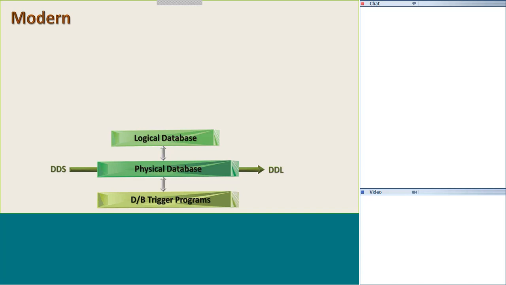These triggered programs are built from code that you take out of your business logic, i.e., you're reducing your business logic by taking away things like data validations. Must this field be a yes or no? Must this field be equal to naught or not equal to naught? All of those validations go into trigger programs and come out of your application code. And that means your physical database is becoming intelligent and it's becoming self-aware.